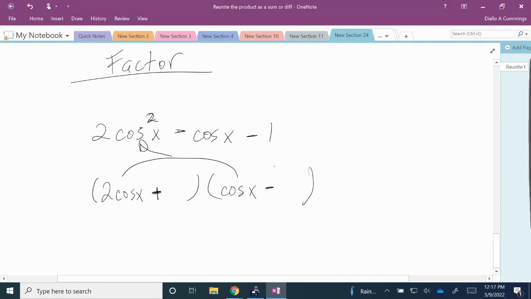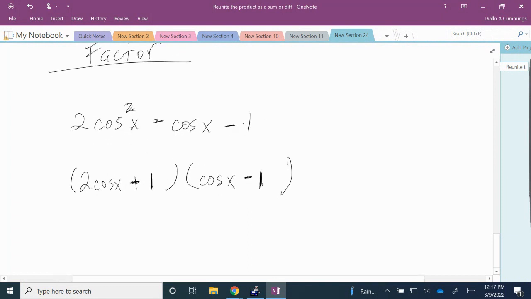Whatever I put as my last terms, I must be able to get a product of -1 and also a sum of 1. So for this instance, I'm just going to put in a 1 and a 1, and check this out to see if I get what I need.